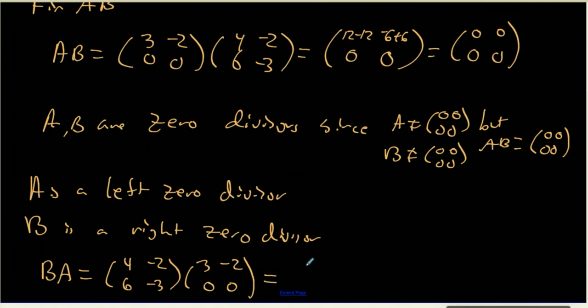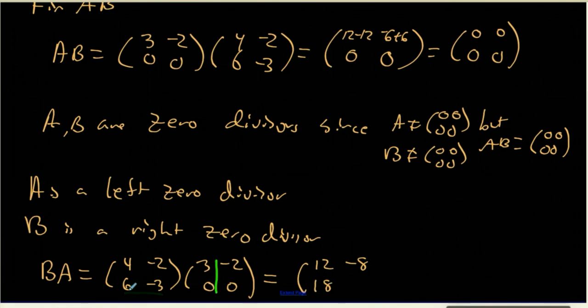And when we do compute it, what we're going to wind up with is, let's see, we have this particular row dotted with that, so we're going to wind up with a 12 in this first spot. Now we're going to have this dotted with that, and that's going to be a negative 8. And down here, we're going to have this row dotted with that column, and that'll be an 18.